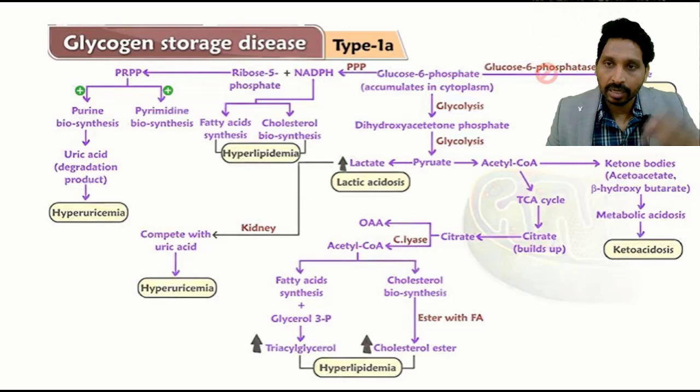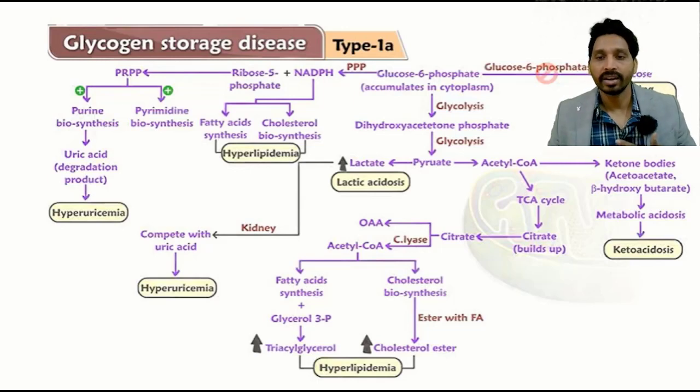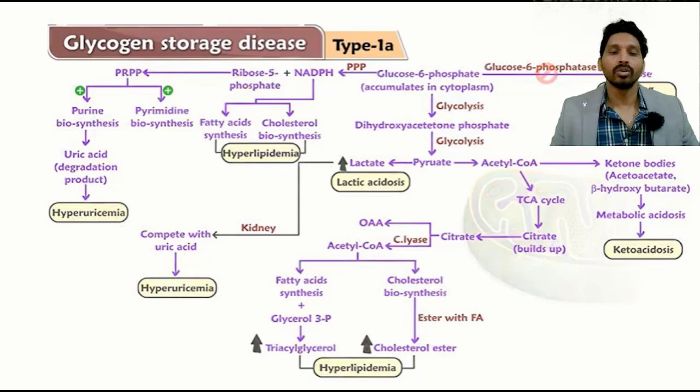And whatever acetyl-CoA entered will be converted to citrate, and there are high levels of pyruvate and high levels of energy. So this citrate cycle will not take place, and this citrate will be diverted for fatty acid synthesis, such as triglyceride formation and cholesterol formation, to cause hyperlipidemia. This is one condition.